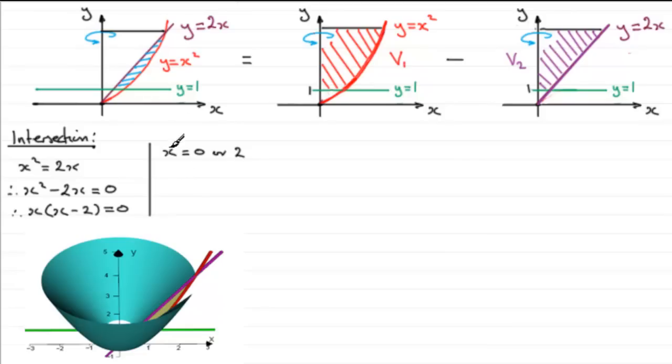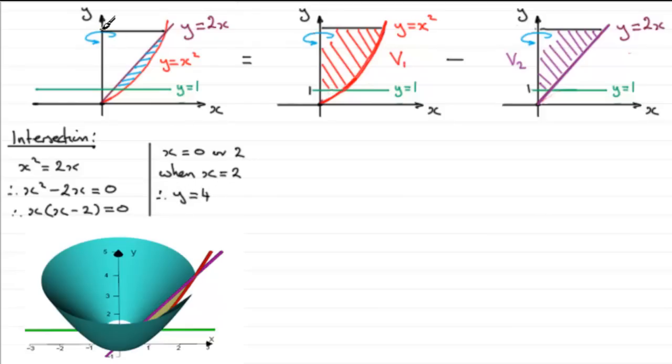Well, clearly this is the point that we're interested in. It's when x equals 2. Not this point, that's the point when x equals 0. So we need to find out what the corresponding y value is when x equals 2. And we can substitute it either into y equals 2x or y equals x squared. Either way, you're going to find that y equals 4.